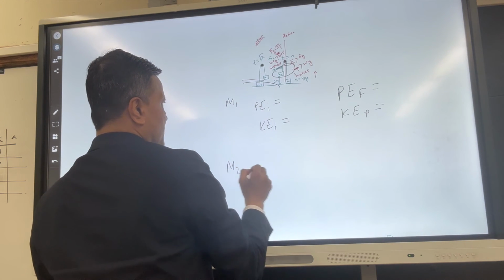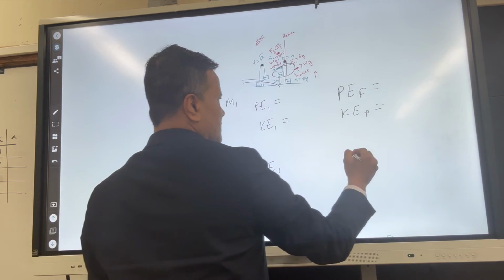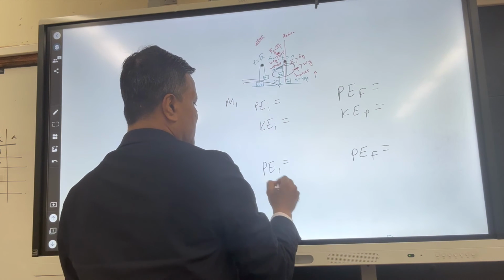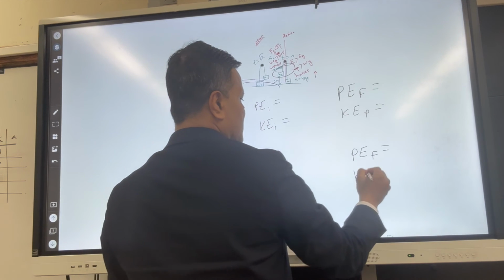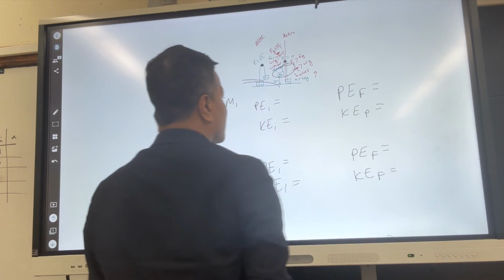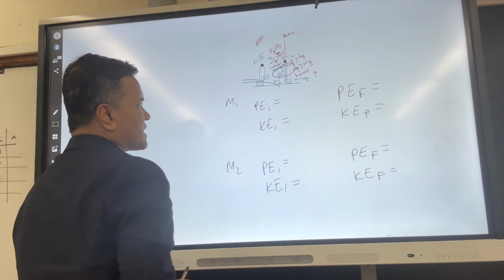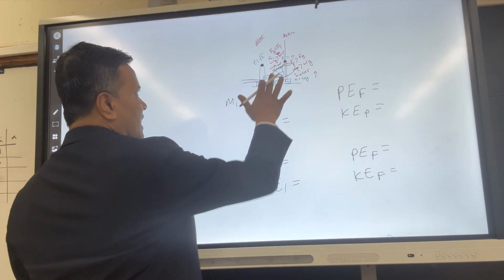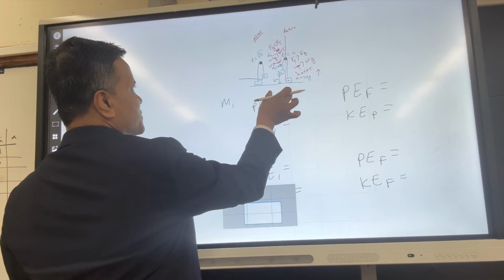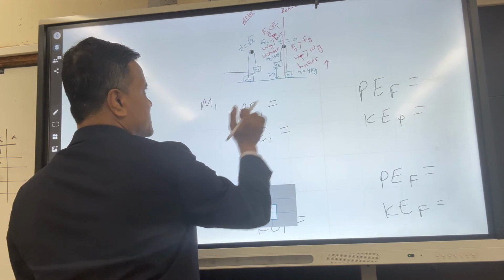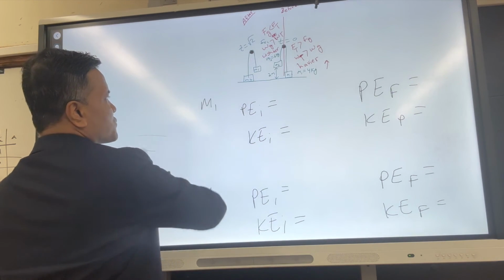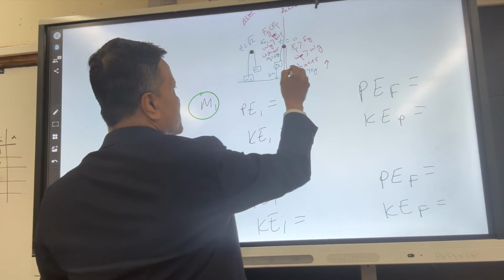Mass 2: potential energy initial, potential energy final, kinetic energy initial, kinetic energy final. So, what is the potential energy initial? I'm going to make it a little bigger so you see the diagram. Let's use a different color. We are doing mass 1.